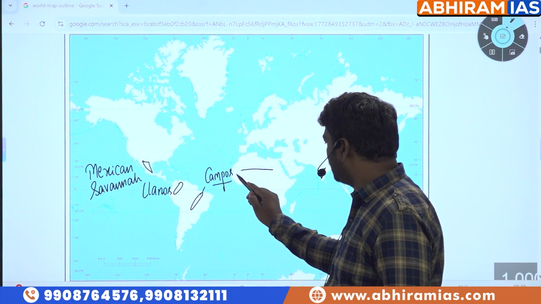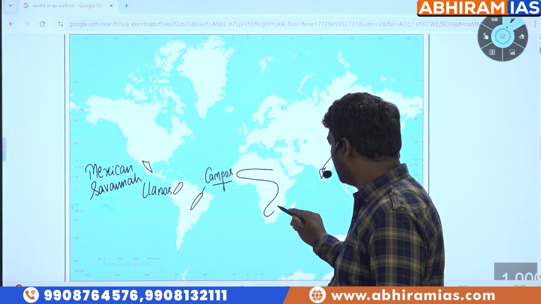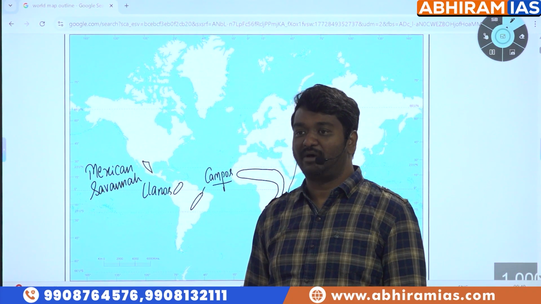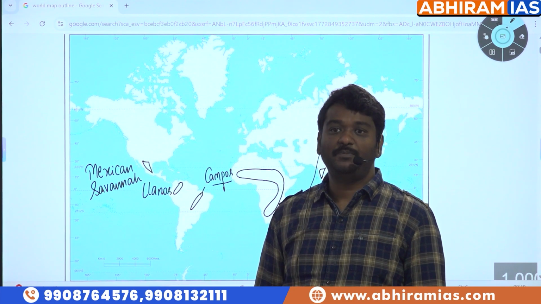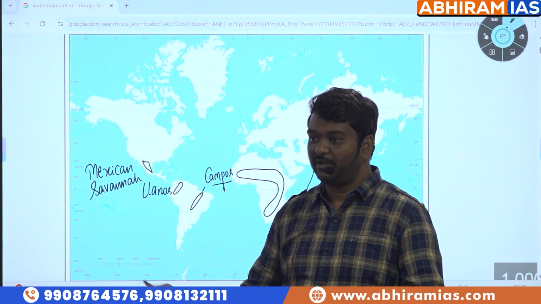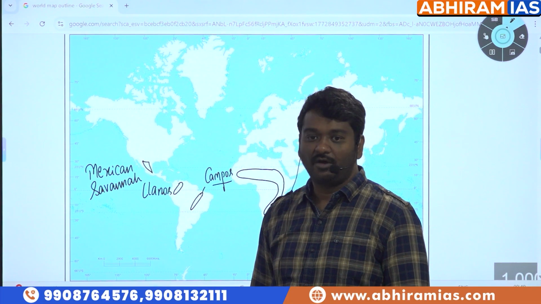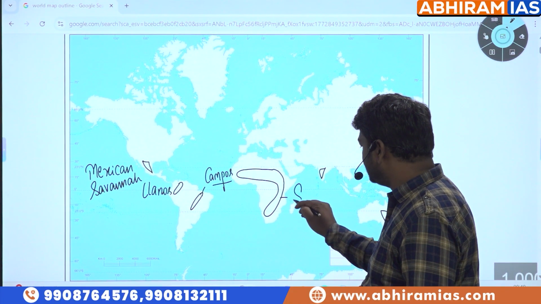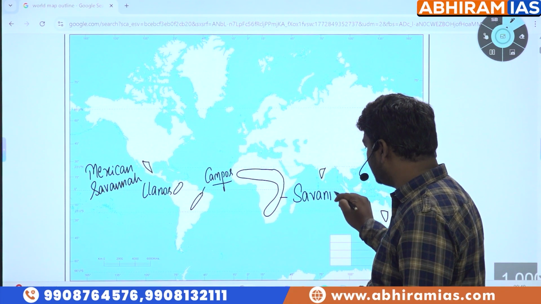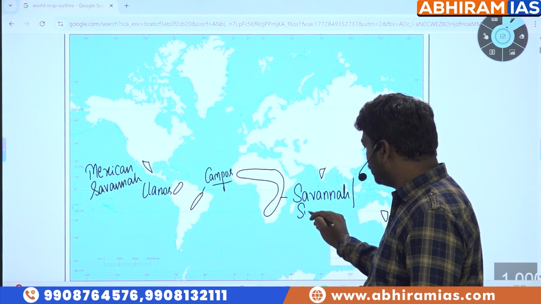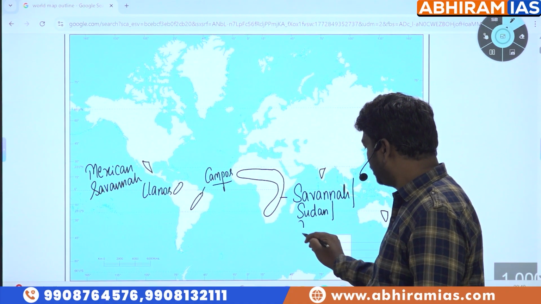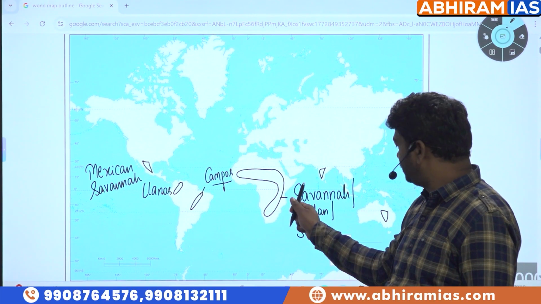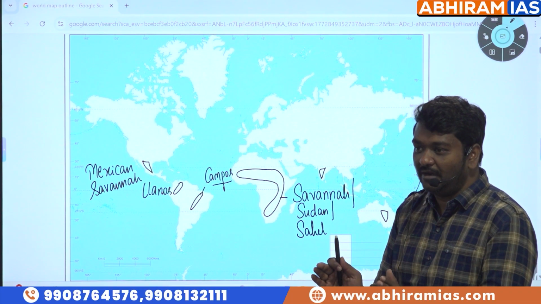In Africa, see here, there is a country called Somalia, and in Sudan a lot of people are being killed. People have forgotten, news is also not coming about that, but the killing is still going on. This climatic condition is called savanna region, Sudan region, Sahel region. These three terms are one only.